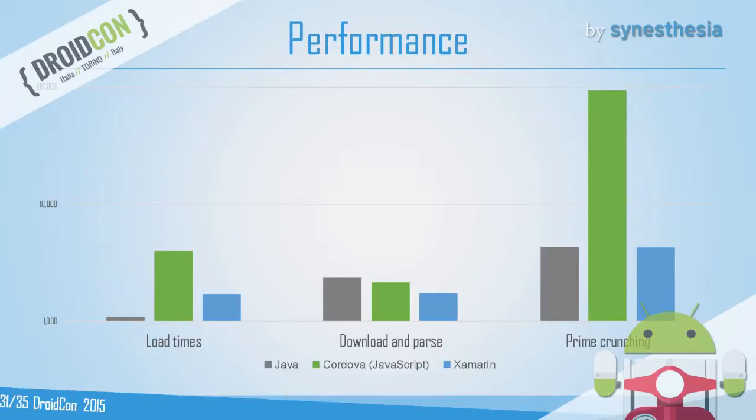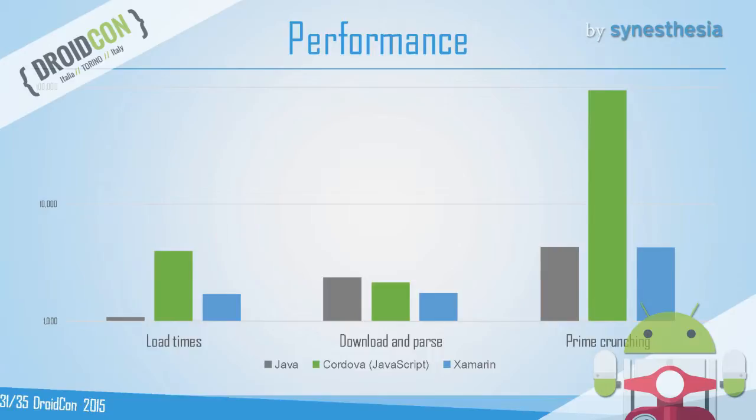All right, and performance. As said, load times are slower. This is a comparison between native Java, Cordova, which is a kind of JavaScript framework, and Xamarin. For instance, load times you see are slower, but not as slow as JavaScript in this case. And in this example, which I found online, I don't know if it's true or not, downloading stuff and parsing it is more efficient on Xamarin than on Android.